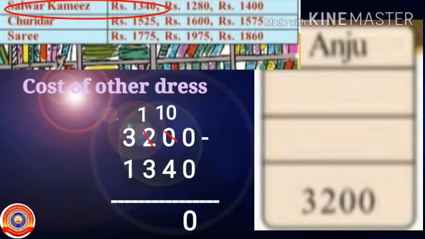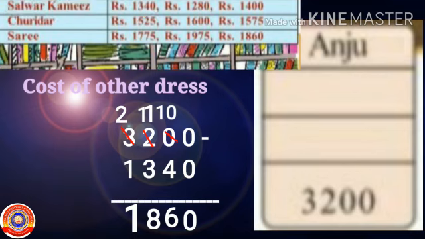So, 0 becomes 10 and 2 becomes 1. Look children, again we can't subtract 3 from 1. So, what can we do? Yes, again we have to borrow 1 from 3 and carry it with the 1. So, 1 becomes 11 and 3 becomes 2. Then let's subtract: 10 minus 4, 6. 11 minus 3, 8. 2 minus 1, 1. 1,860.